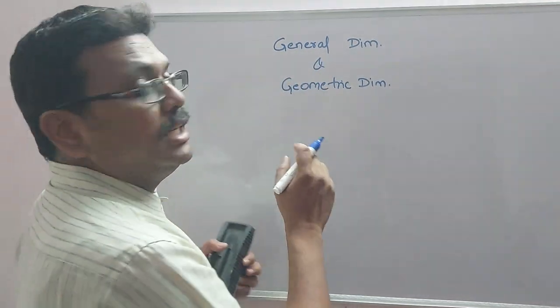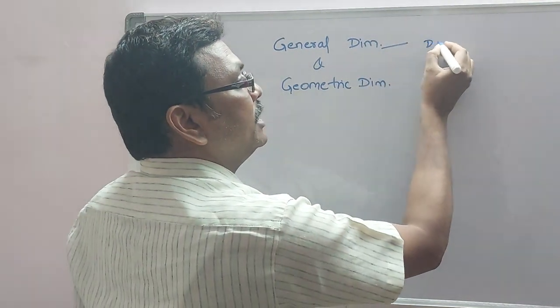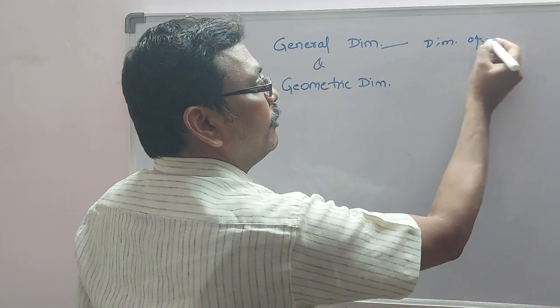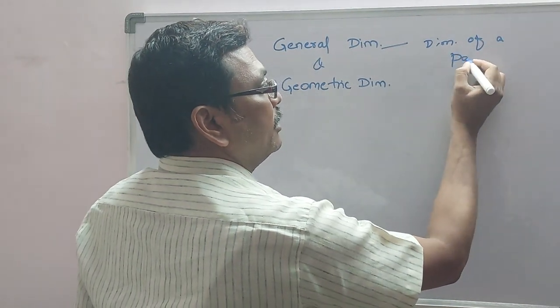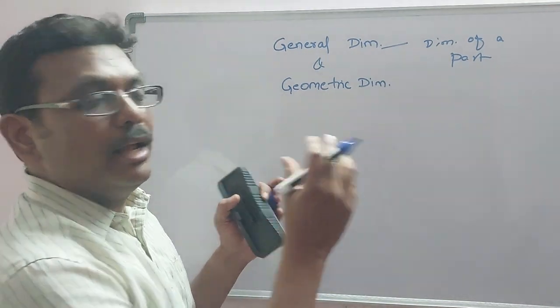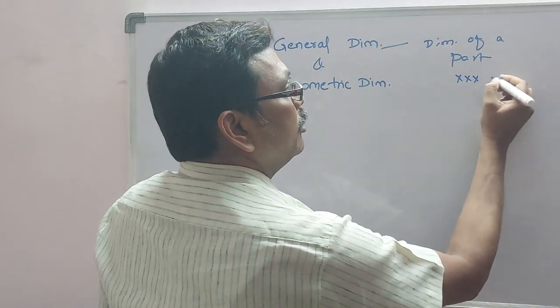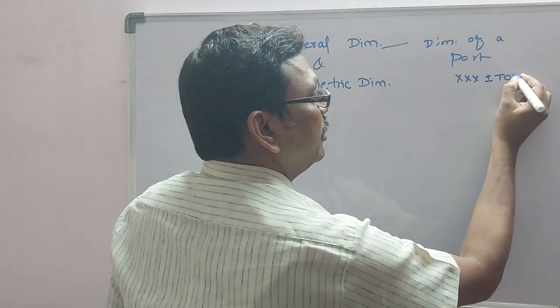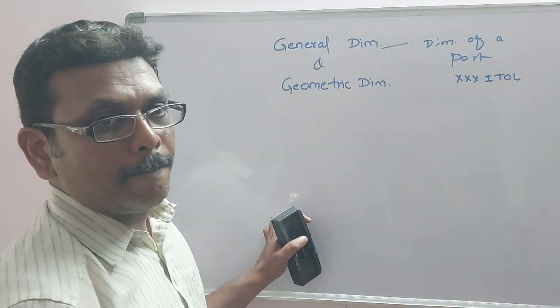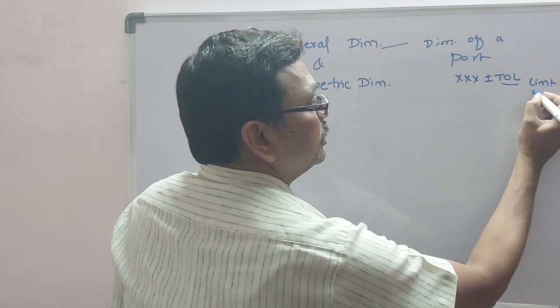General dimensioning, as I said, is just a normal dimensioning of a part. That means some value plus or minus tolerance. Tolerance is nothing but a limit or zone.